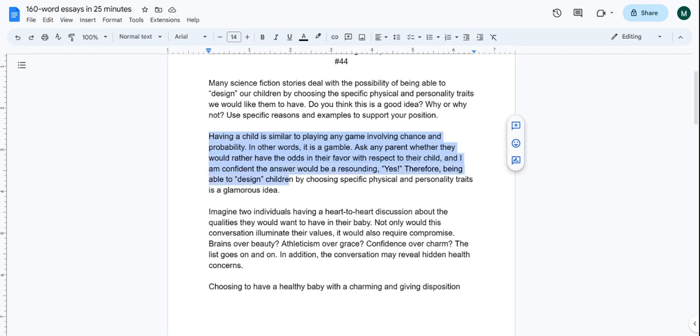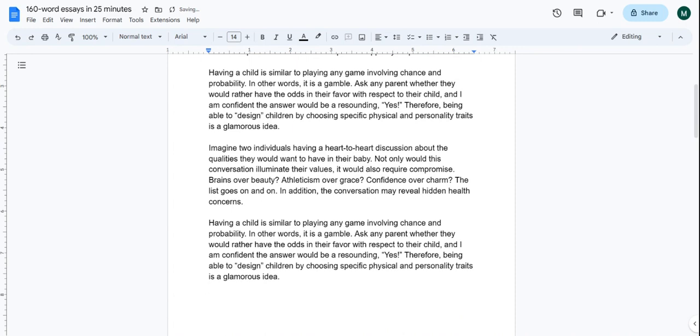Okay, I'm going to go ahead and copy and paste, writers, my intro, and I am going to move that to my conclusion because I've got 5 minutes remaining.